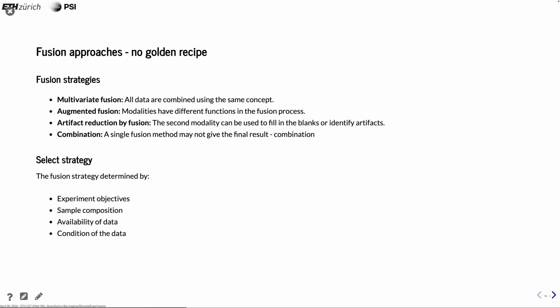And the condition of the data: it may be that one modality is very blurry, while the other one has a very low signal to noise ratio. You also have to take care of them in different ways, and maybe that also affects your choice of strategy.